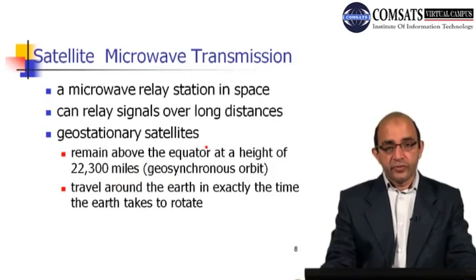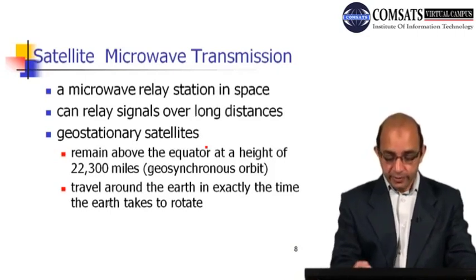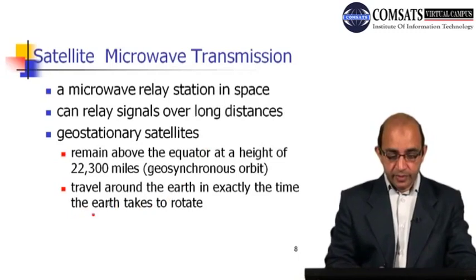So for satellite microwave transmission, we need a microwave relay station in space, right? And the job of that relay station is to relay signals over long distances, right? So let me show you how, for example, we need to transmit from this part of the Earth to this part of the Earth.